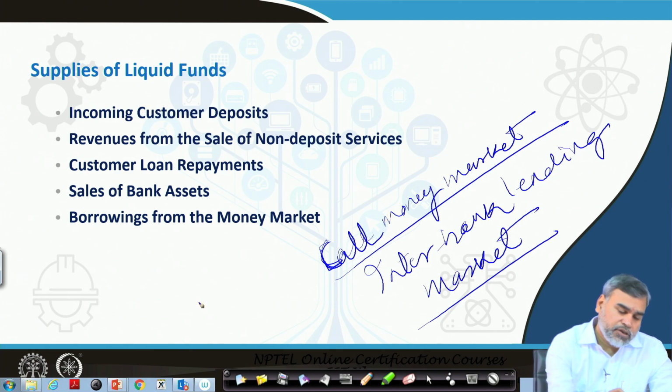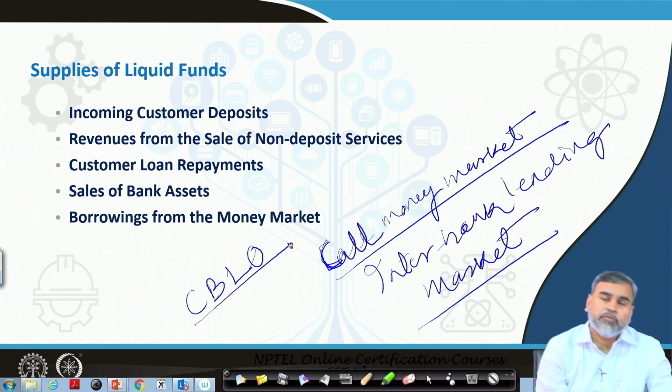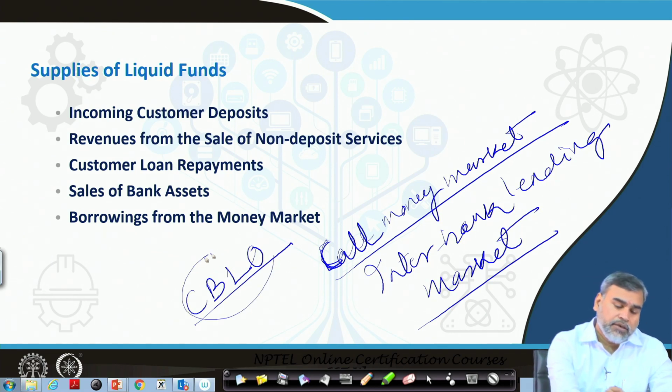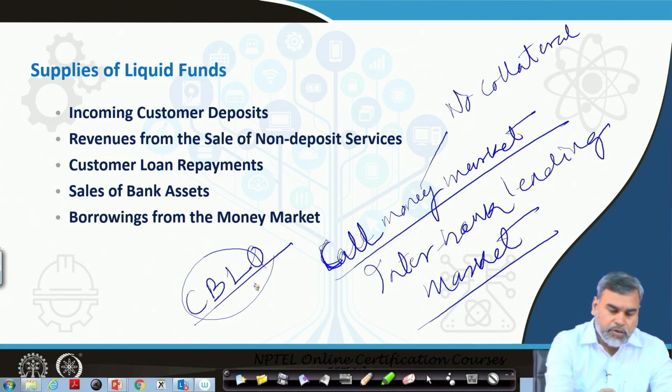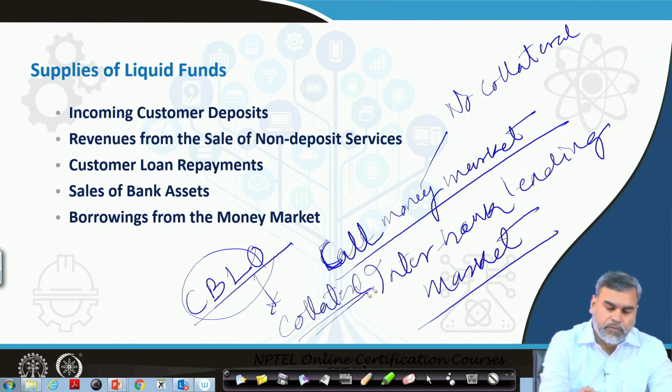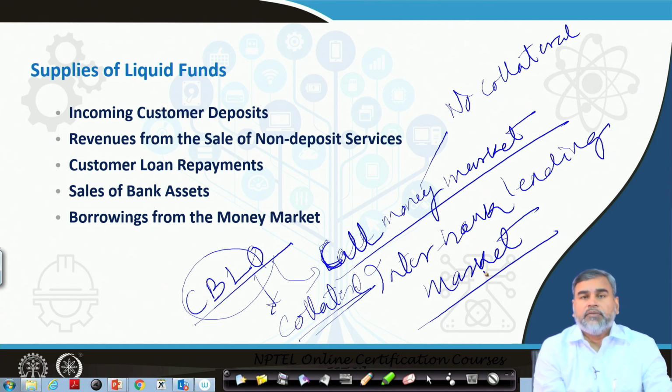And we have another short term market, called the CBLO market, collateralized borrowing and lending obligations market. Remember, the call money market is unsecured, no collateral, but in the CBLO market some collateral is required, and the maturity period of the CBLO market is longer than the maturity period of the interbank lending market or the call money market.